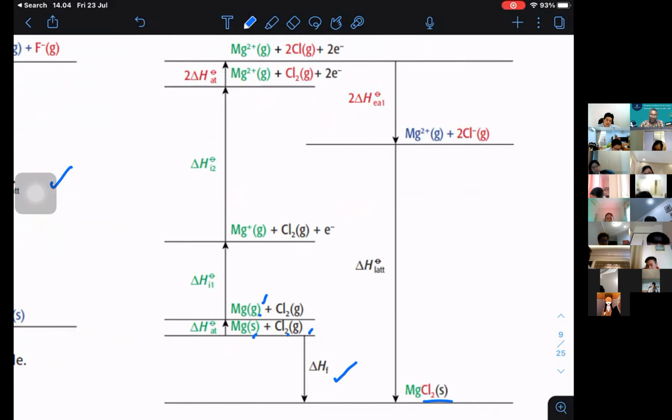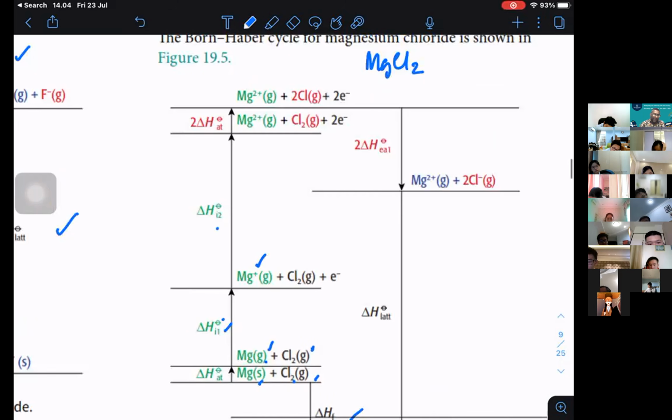In this case, they don't atomize Cl first; they ionize first. But do remember, they get the first ionization energy, changing into Mg plus first, and only then you get Mg2 plus. You need to do it twice. Yesterday some of the groups said 2 times, which is wrong. It must be first ionization energy and then second.